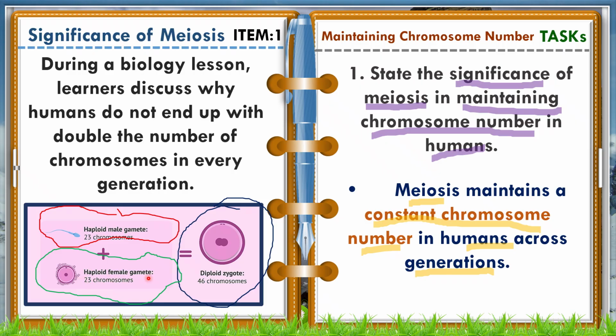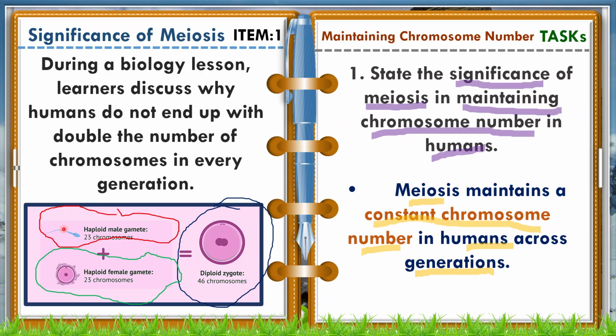The formation of gametes is by the process of meiosis, and we end up having 4 haploid daughter cells, each with half the number of chromosomes.